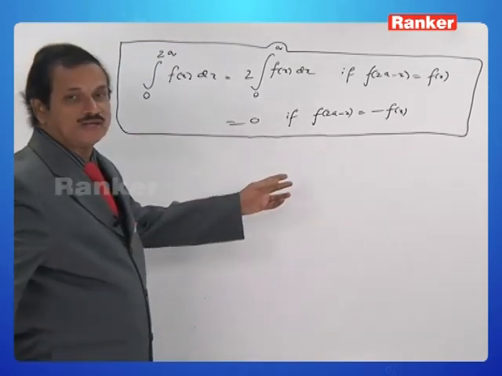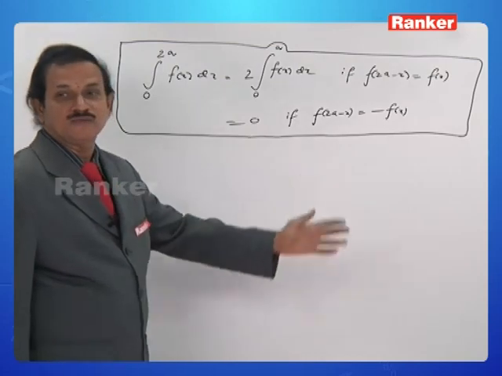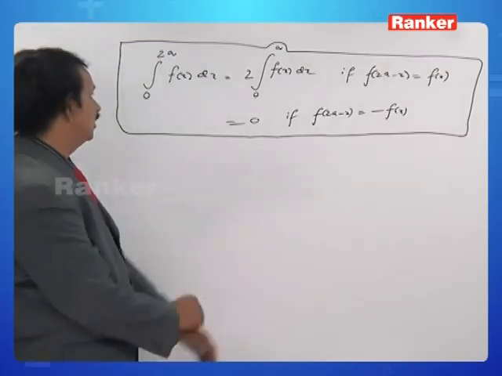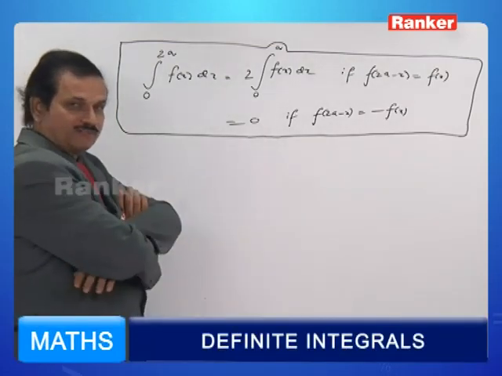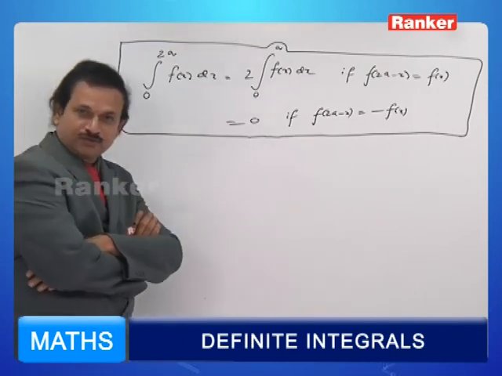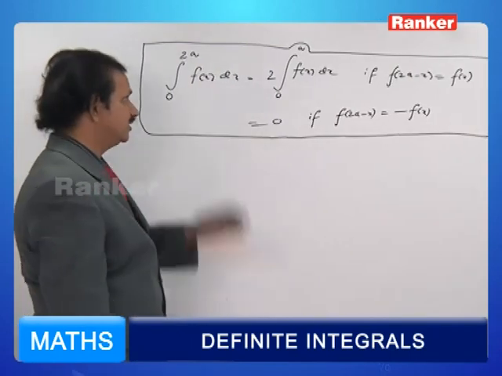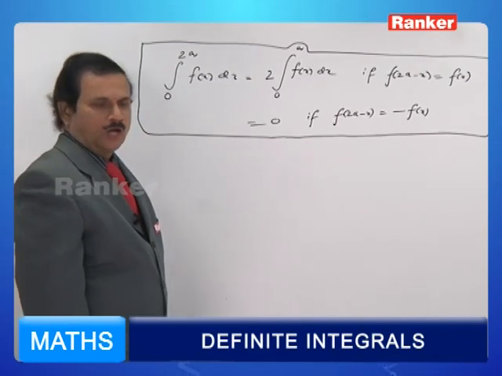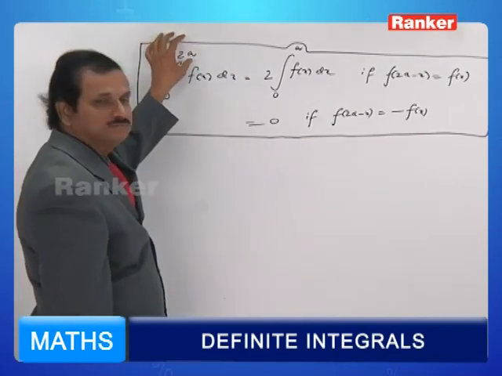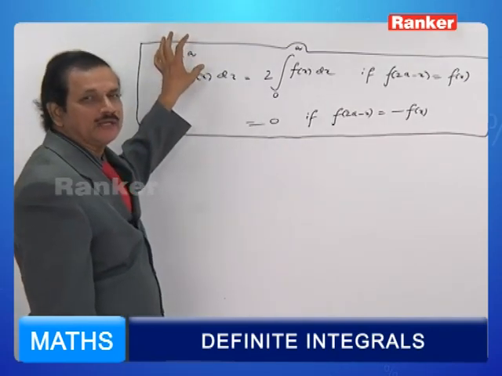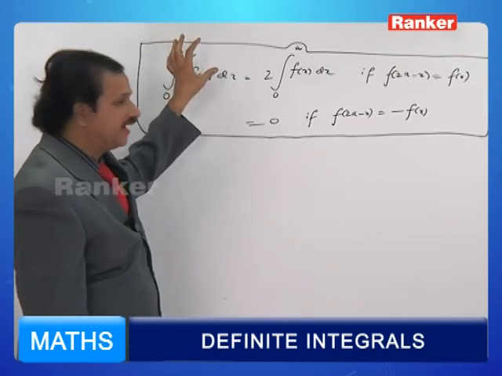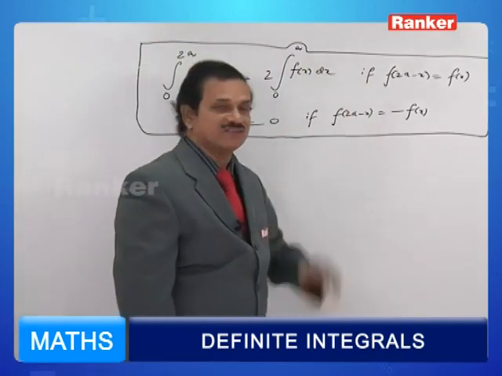In some crucial cases, this formula is very much in use. You observe the nature of that formation. Integral 0 to 2a f of x dx, he has asked. Whatever it might be, upper limit, you call it 2a upper limit. You first find f of upper limit minus x.